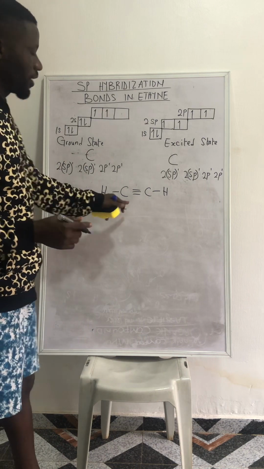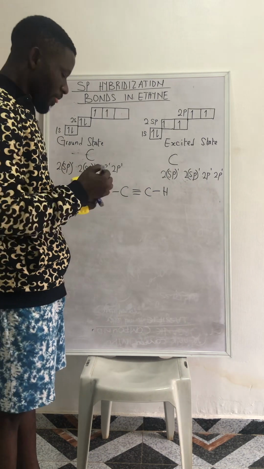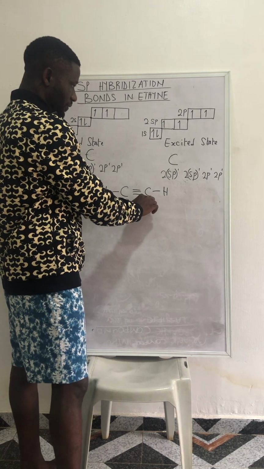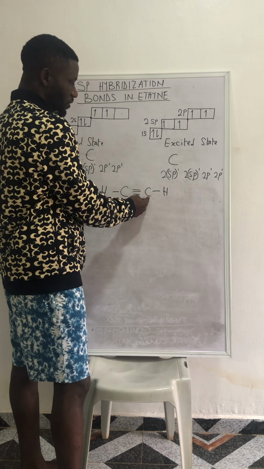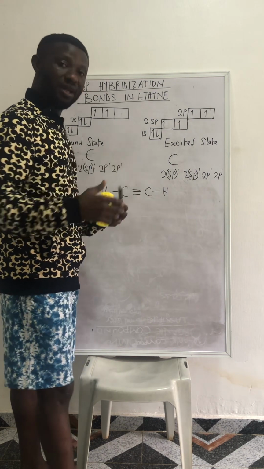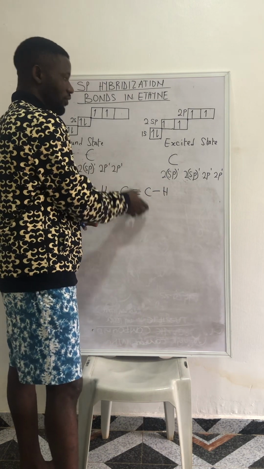Now, what is going on here is very simple, and you must make it simple. If you look at this carbon, the electronic configuration of this carbon, in order for it to have the different types of bonding it requires in this structure.